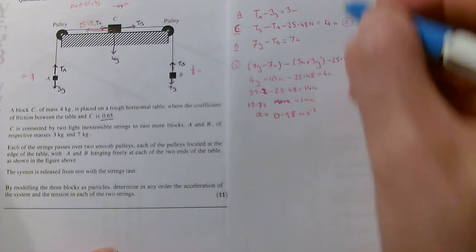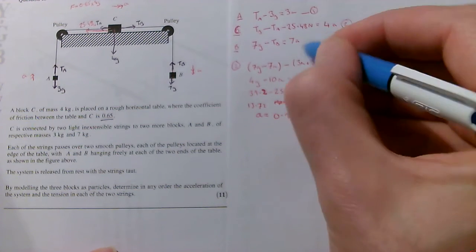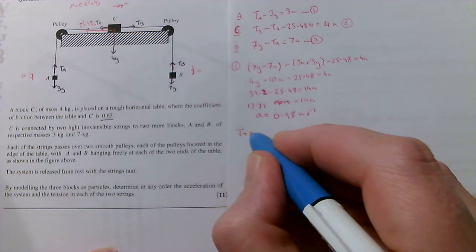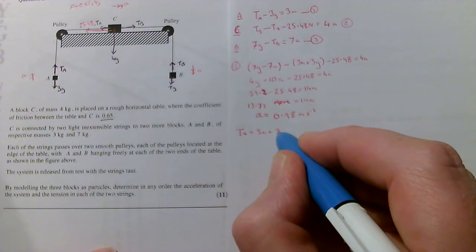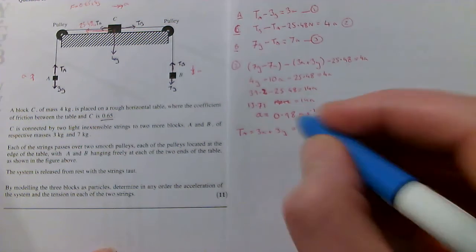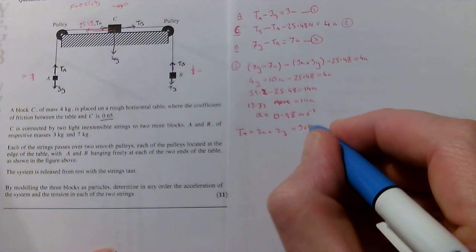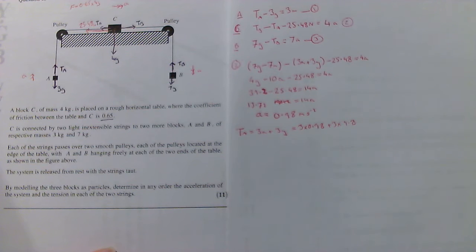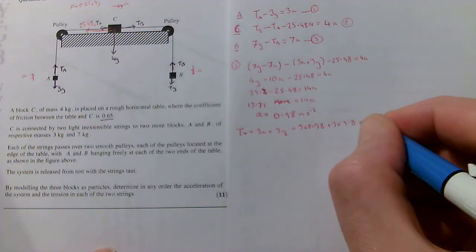So substituting it back into equation 1 gives you TA equals 3A plus 3G, which is 3 times 0.98 plus 3 times 9.8, gives you an answer of 32.34.